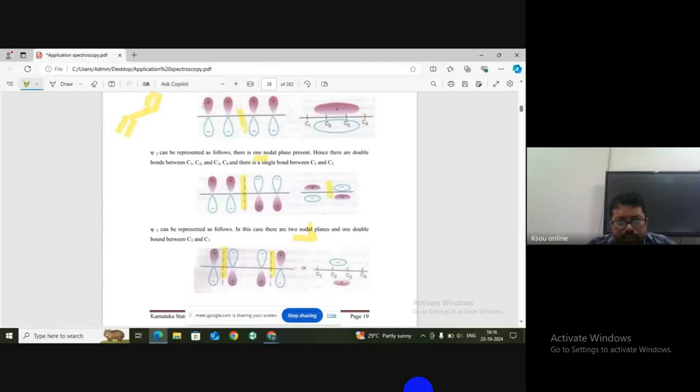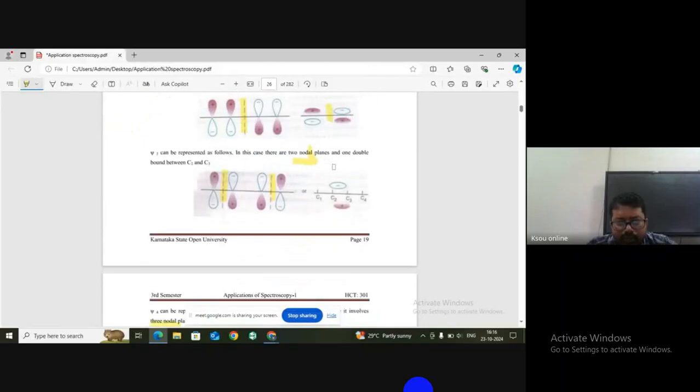If you cut here and both halves are mirror images, then there are zero nodal planes.